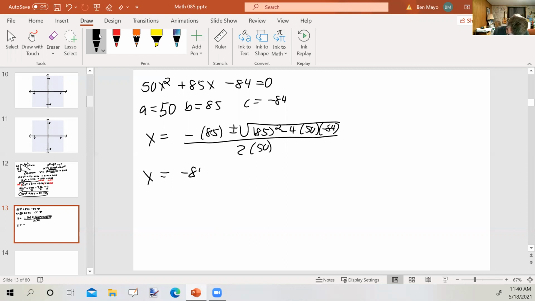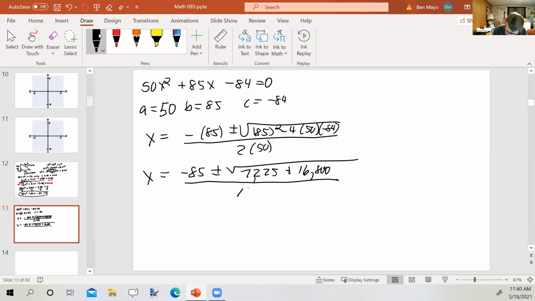X equals negative 85 plus or minus the square root of, okay, so 85 squared is 7225, but minus 4 times 50 times minus 84 is going to be plus. So 4 times 50 times 84, 16,800 all over 100. Okay.